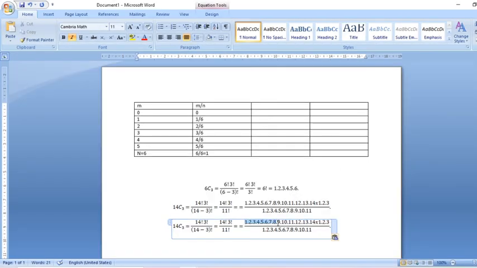You can cancel up to 11. So that will be 12 into 13 into 14 into 1 into 2 into 3.